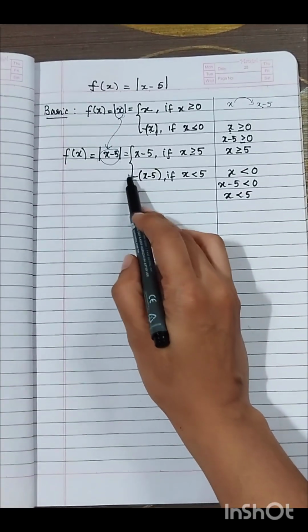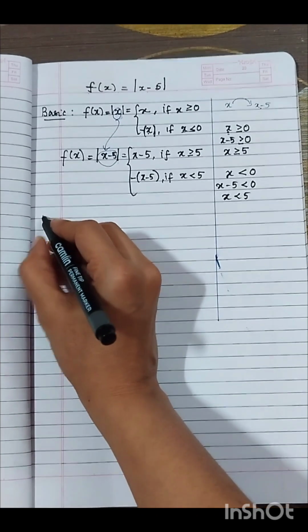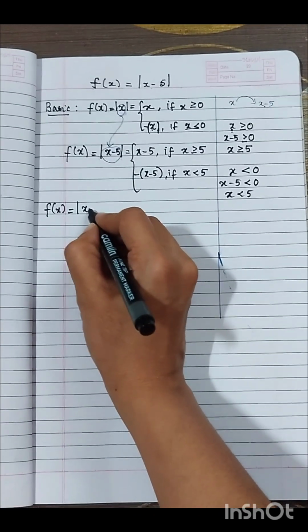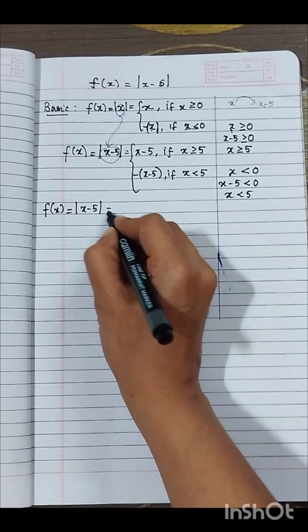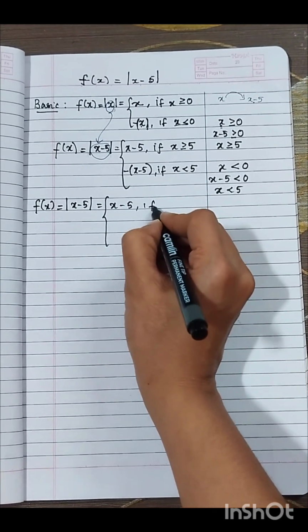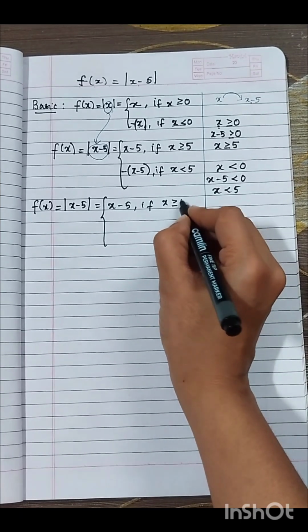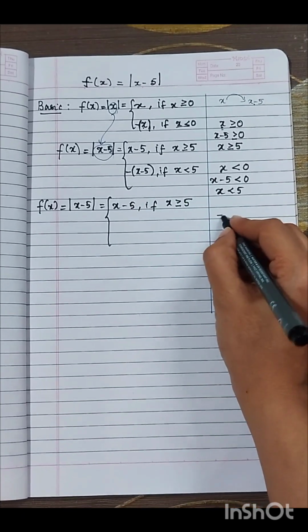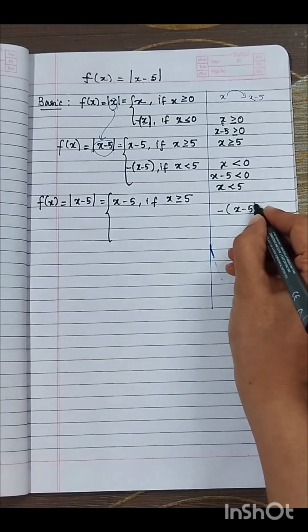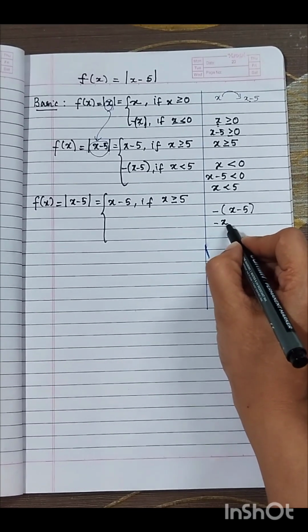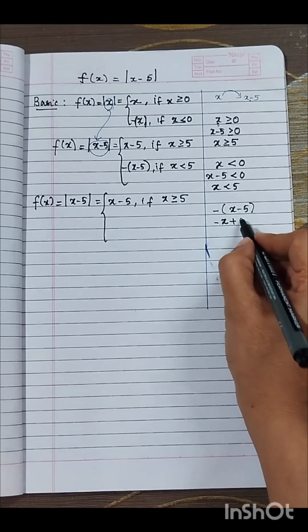We will do a small simplification here. We'll write this once again. f of x is equal to modulus of x minus 5, which is equal to x minus 5 if x is greater than or equal to 5, and minus of x minus 5. Now if you multiply the sign, this is going to be minus x plus 5.